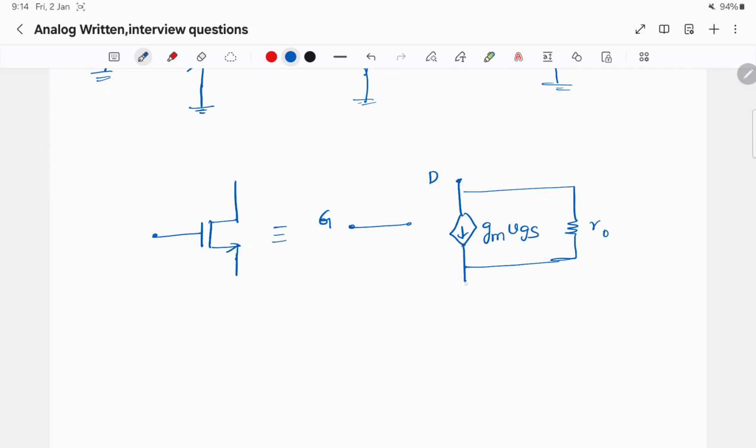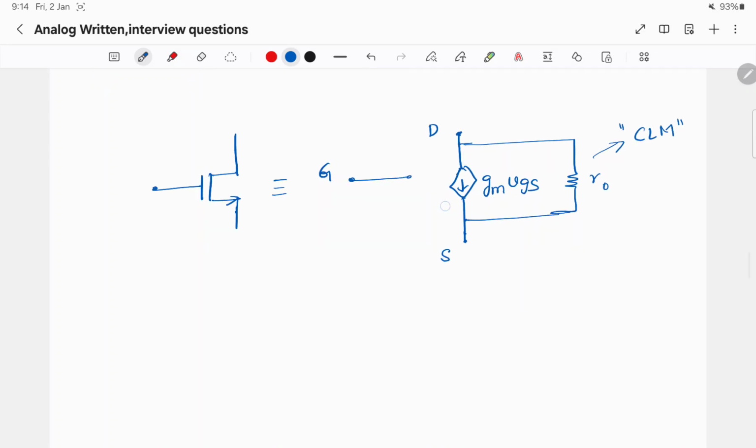This is the drain terminal, this is the source terminal. This is because of the channel length modulation, and they have told that the channel length modulation exists, so we have to consider r0.